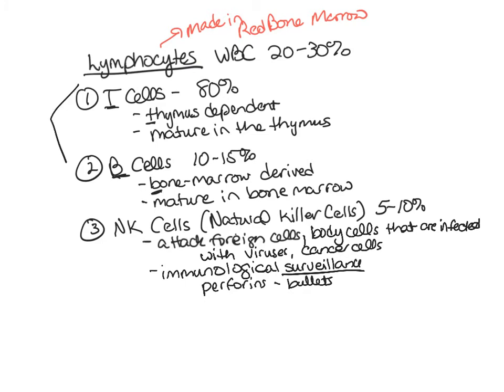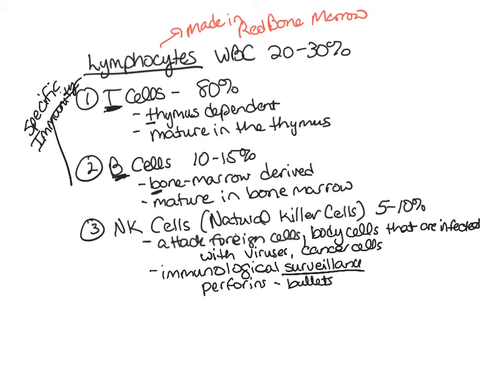So the T cells and the B cells are involved in specific immunity, which means there are very specific T cells that attack specific pathogens, and there are specific B cells that attack specific pathogens. We're going to talk a little bit more about that in a bit.